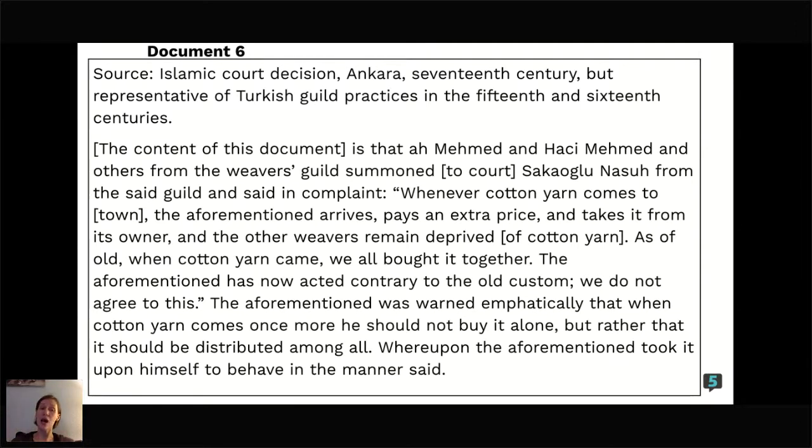And I think because we're in a place where trade is so important, that takes us a long way to understanding why the view on trade may have shifted over time. Because as cities grew and as trade became more common in some parts of the Islamic world, we would see attitudes toward trade changing to match that. So that's another example of sourcing to go along with this document.